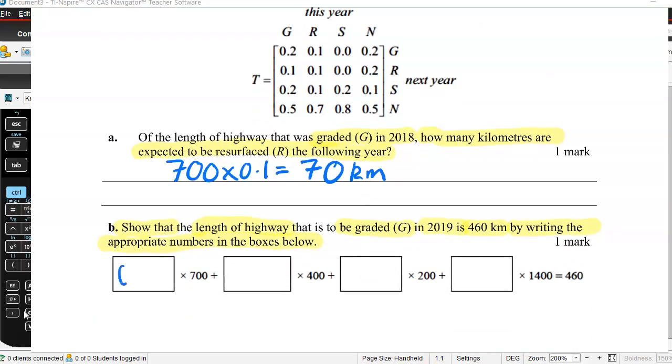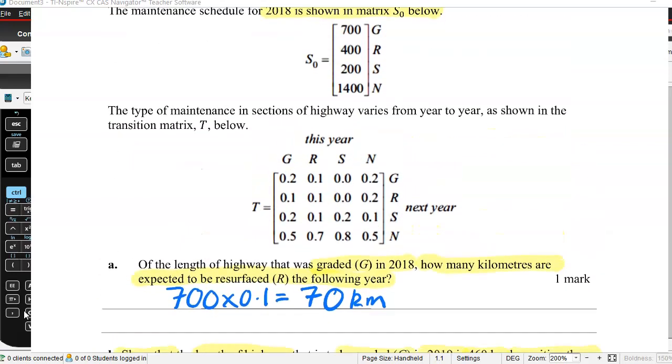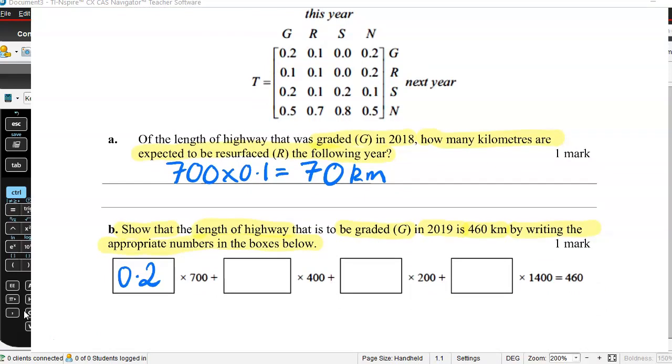So 0.2. We know there were 400 kilometres that were resurfaced, and of them, 10% or 0.1 are going to be graded.